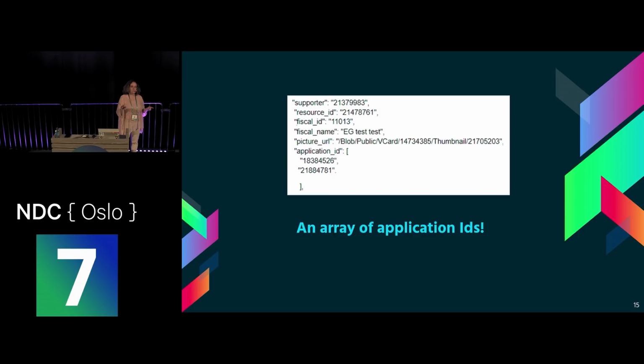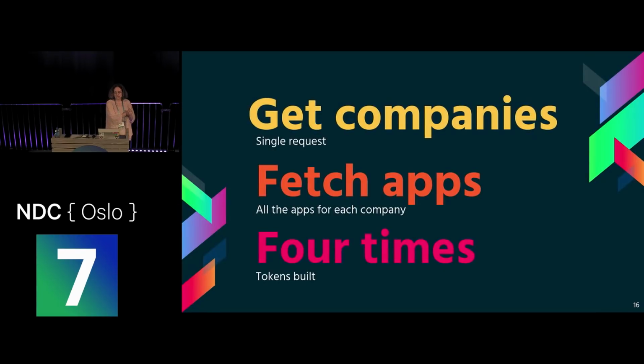So first of all, you'd have to go over and get a list of all of your companies. There was an endpoint on the API. We'd go over and list all of our companies and get it returned back to the identity server. Fine, not a problem.